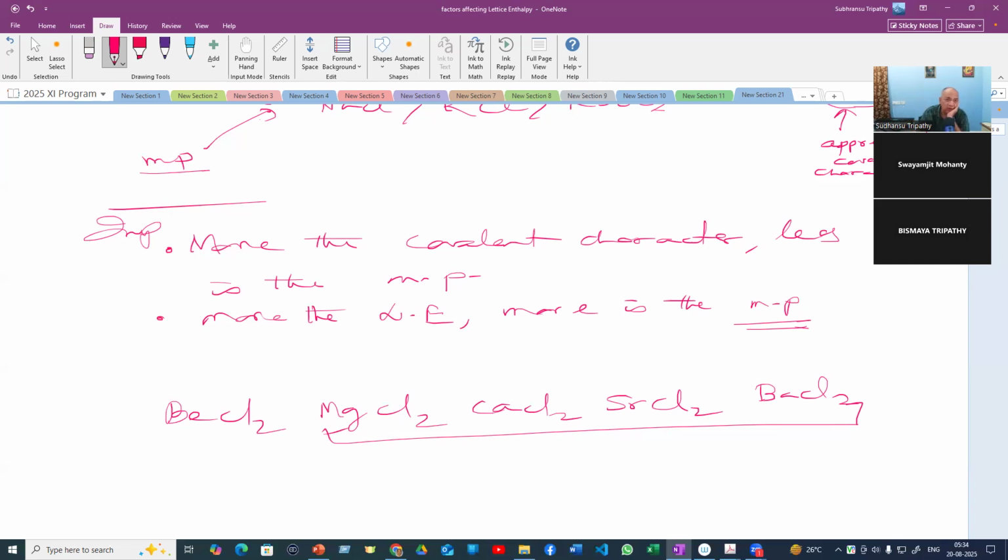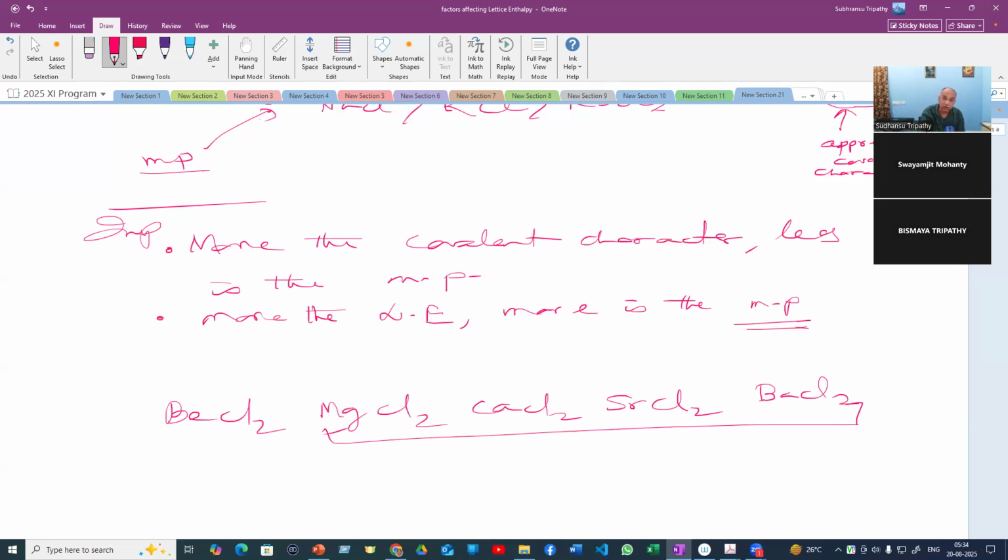No. Because of the large charge plus 2 of each group 2 metal ion, they have appreciable covalent character compared to group 1 halides. Therefore, here the polarization effect will decide the melting point.